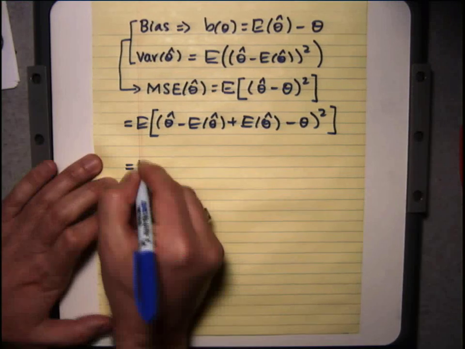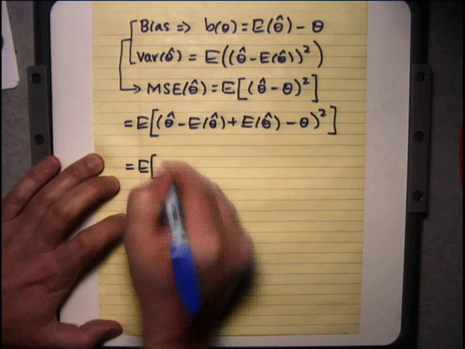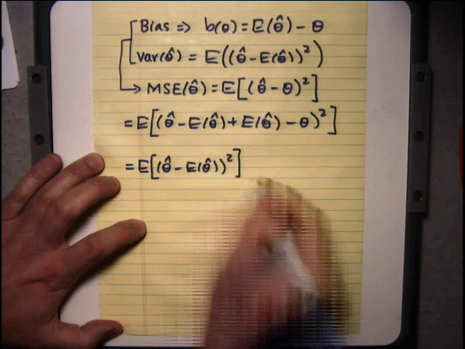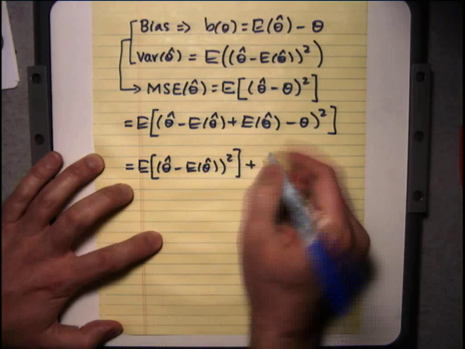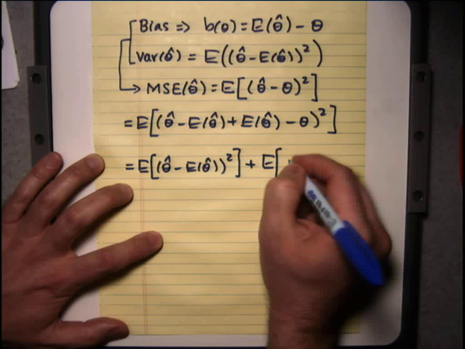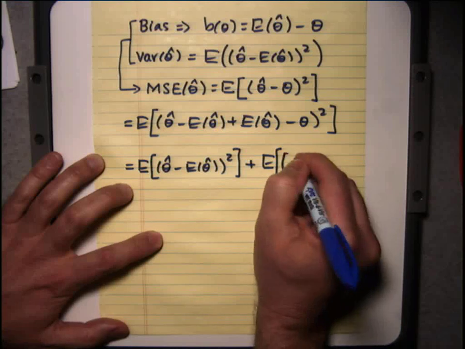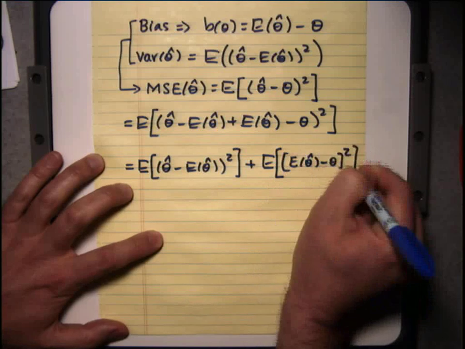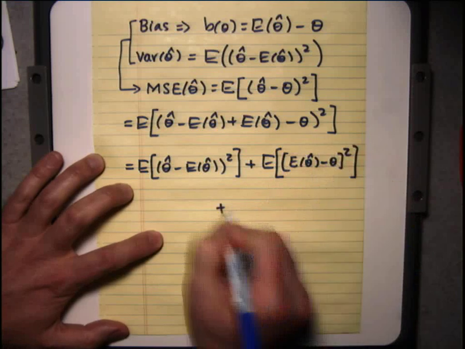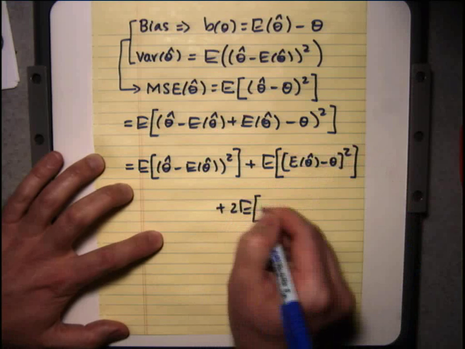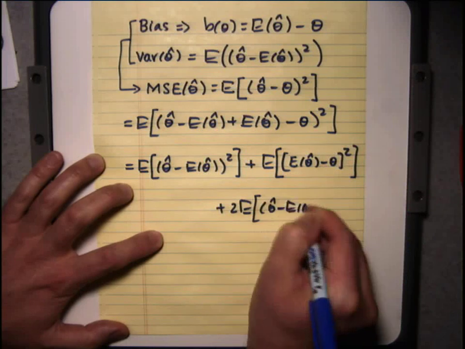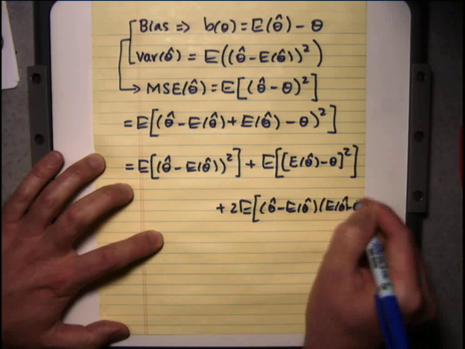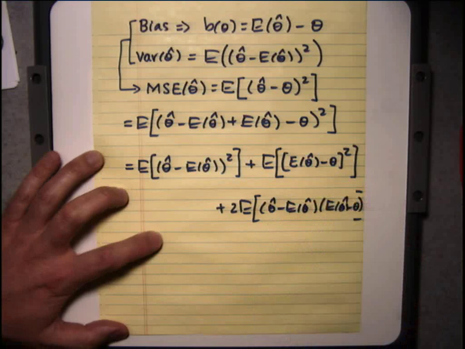So this becomes the expected value of theta hat minus E of theta hat, squared, plus the expected value of E of theta hat minus theta, squared, plus 2 times the expected value of theta hat minus E theta hat times E theta hat minus theta. Okay?